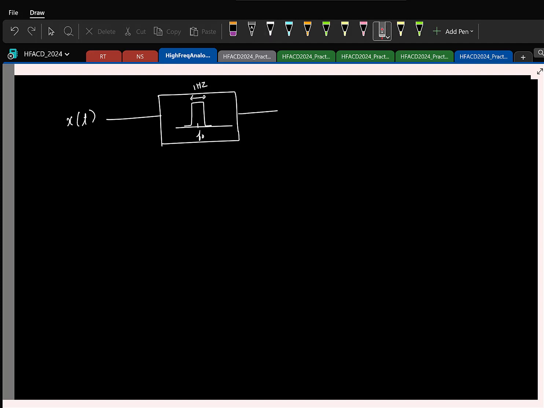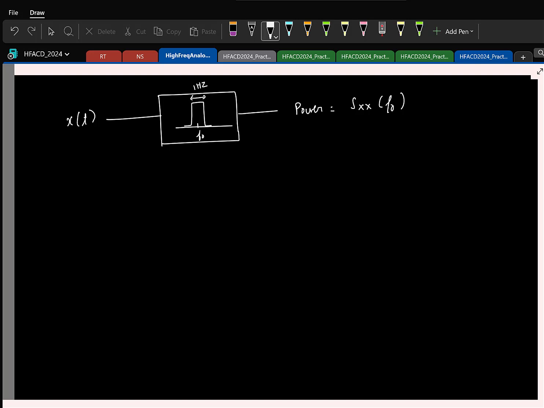If I take the power of the output signal, that directly gives me the power spectral density at f0, right? It is the power around f0 in a 1 hertz bandwidth. So experimentally, if we were to measure it, you just need to take the signal, pass it through a band pass filter, keep changing its center frequency and measure the power. That gives the PSD, and that's how it's typically measured.